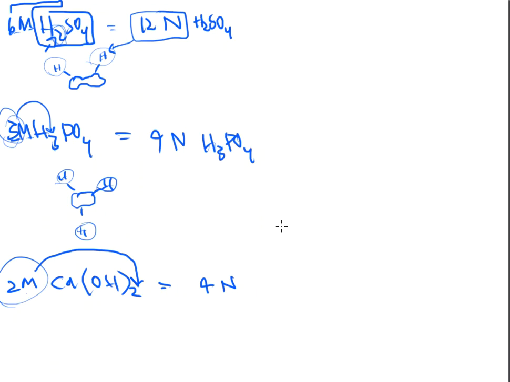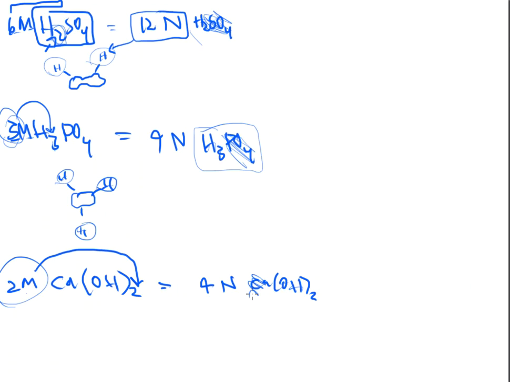Okay? Now, typically the rule of thumb is to write down the entire structure. H3PO4, H2SO4, Ca(OH)2. That way people know what you're using, right? They just don't want you to write down proton, or up here, proton, or down here, hydroxide. Even though that's really what it's referring to, 4 normal of the hydroxide content, 9 normal of the hydrogen content, 12 normal of the hydrogen content.